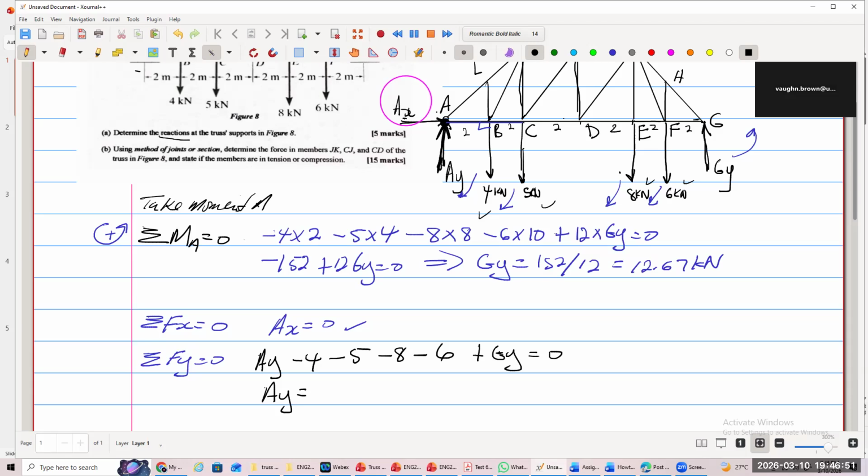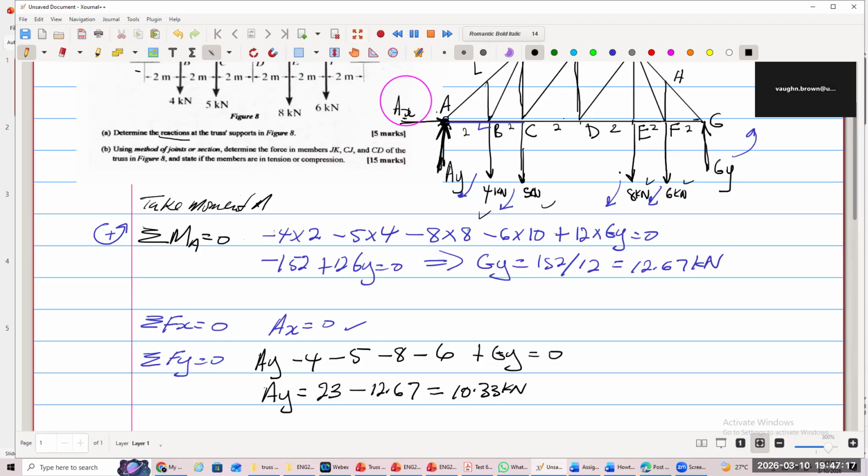Bring over the 23, it becomes positive 23 minus GY. GY itself is 12.67. So therefore, what is AY now? 10.33. Yes, 10.33 kilonewton.